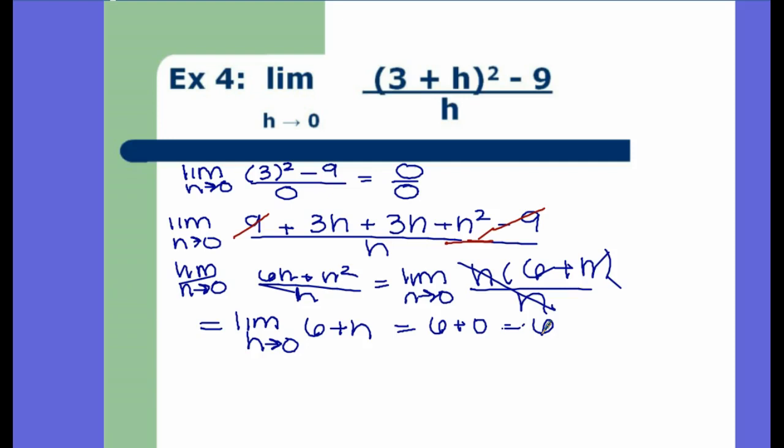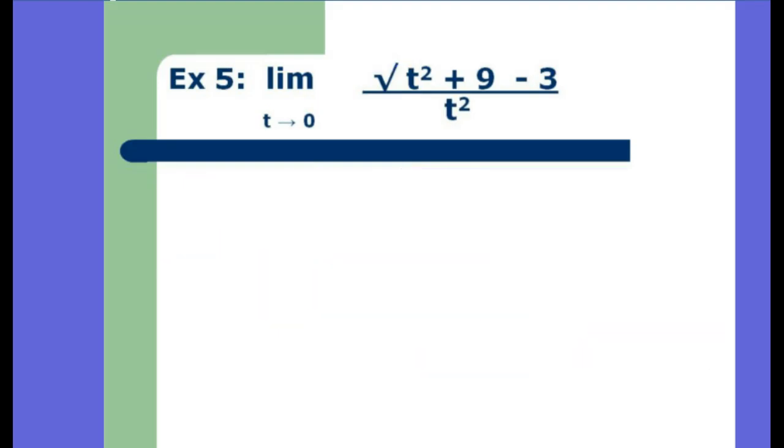So again, I hinted for example number 5 the other day that this is the case where we're going to use the conjugate. So we're going to use the complex conjugate.